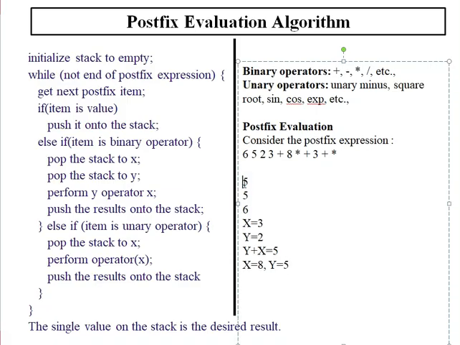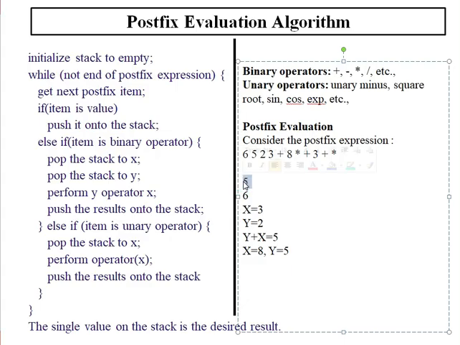So the two are now popped. So now the topmost element is 5. We should apply the operation y multiplication x, which is equal to 40. So we should again push 40. Now the top is 40.